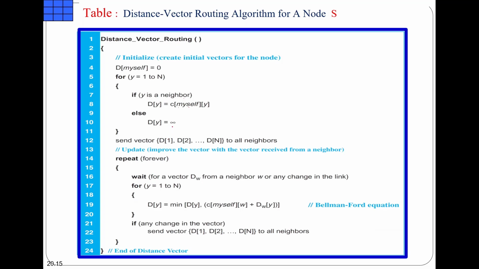If it is infinity, then we have to update the table with some new value. That new value is found by taking the minimum between the values. We will have multiple values, and among them, the one giving the minimum value we consider as the optimized path.